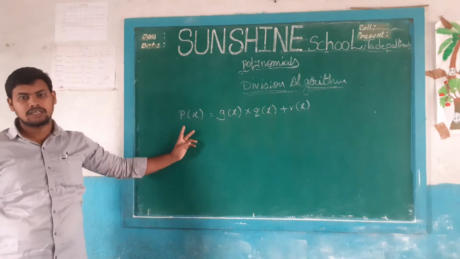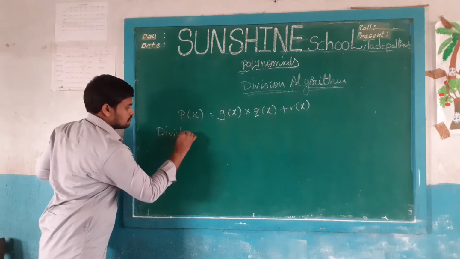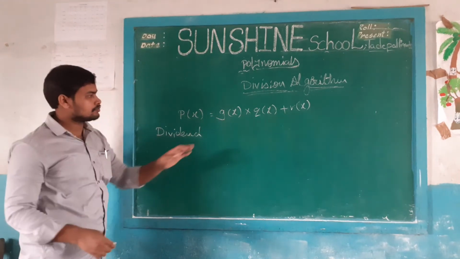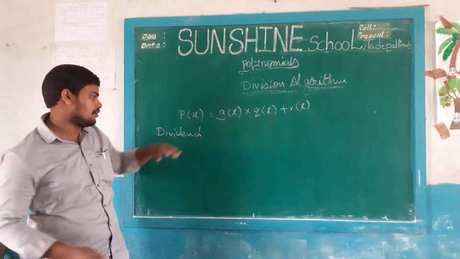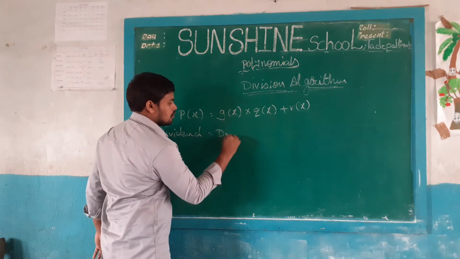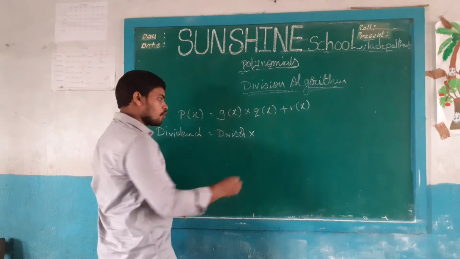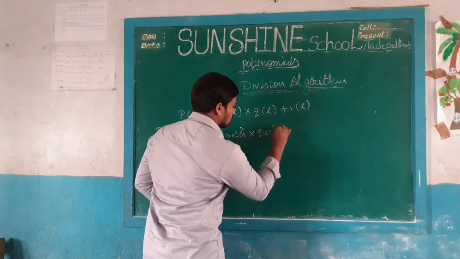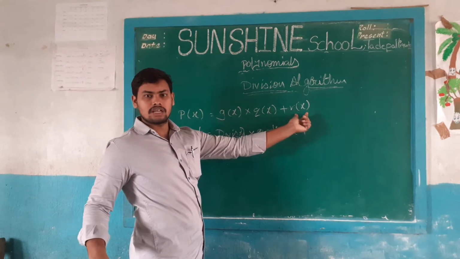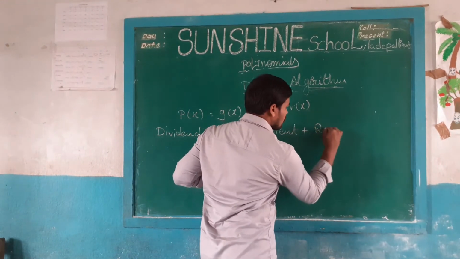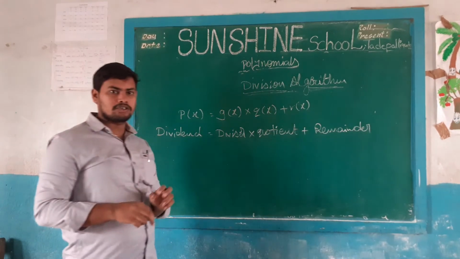Here P of x means nothing but the dividend. G of x, as you all know, is called the divisor. Q of x is the quotient, and R of x is called the remainder of the polynomial.